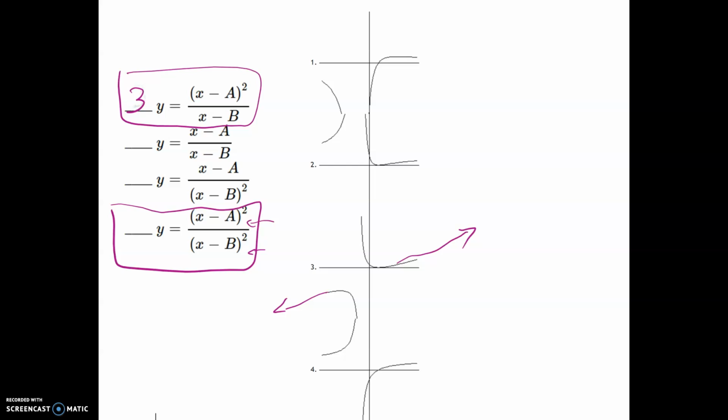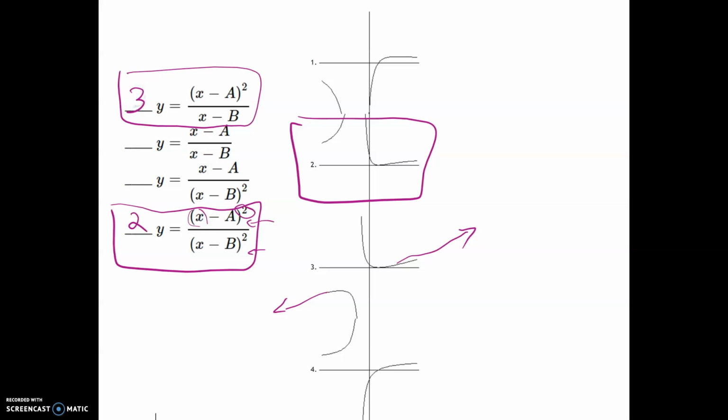For any input x, whether it's negative or positive, and I take away a, that could be negative or positive. But as soon as I square it, it's positive. Same thing in the bottom. So all my outputs are positive, which means this is the only guy with all positive outputs. The range is y greater than or equal to 0. So that's got to be my 2.